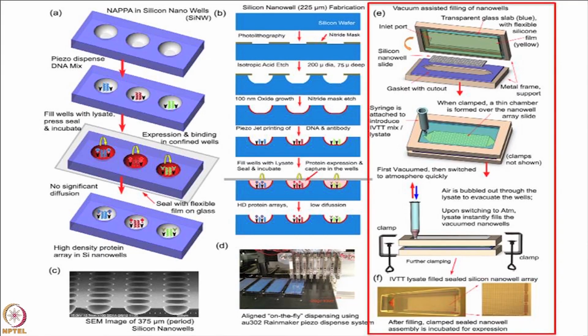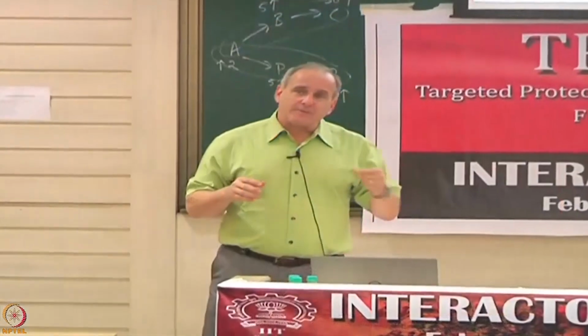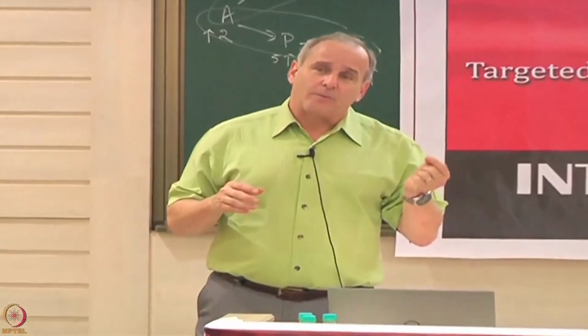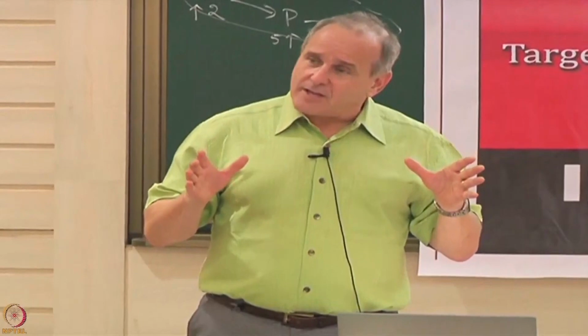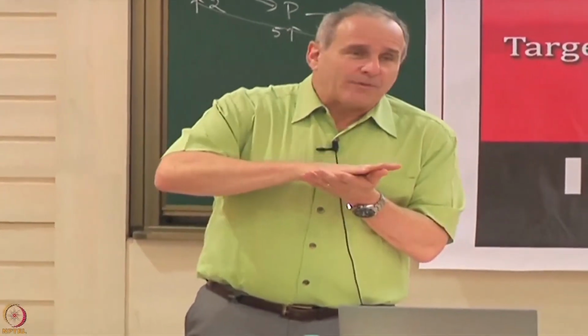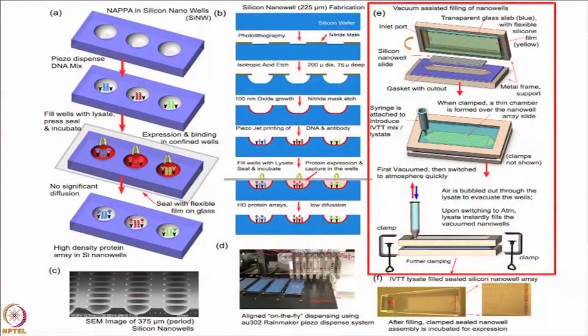The oil then takes the plastic and does that. It forces it apart and essentially forces the plastic to seal the nanowells. And it does so instantly. And at the same time, they apply a little bit of vacuum to the liquid on the surface of the array. That pulls out any excess expression lysate. And you end up sealing the silicon nanowells with that plastic surface.